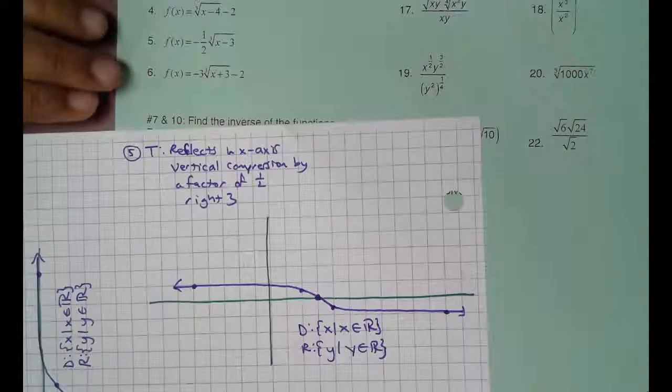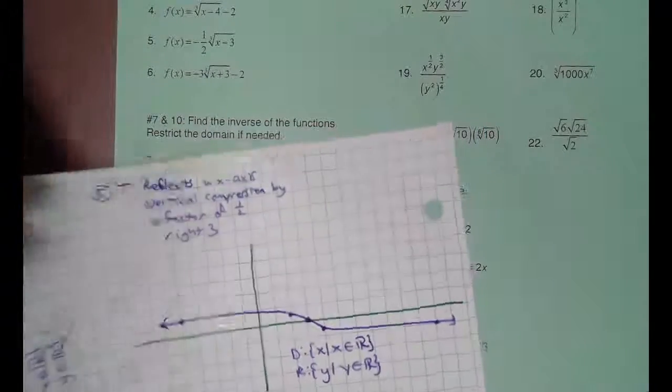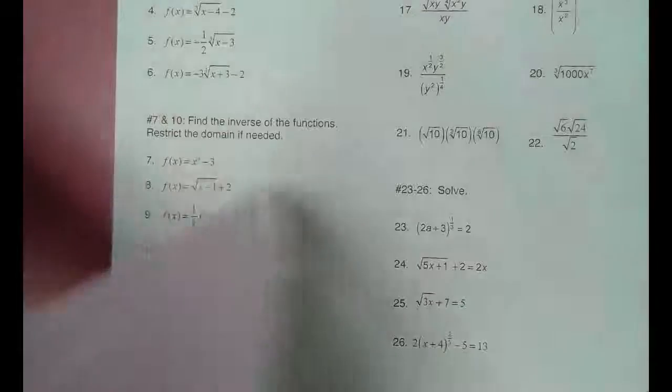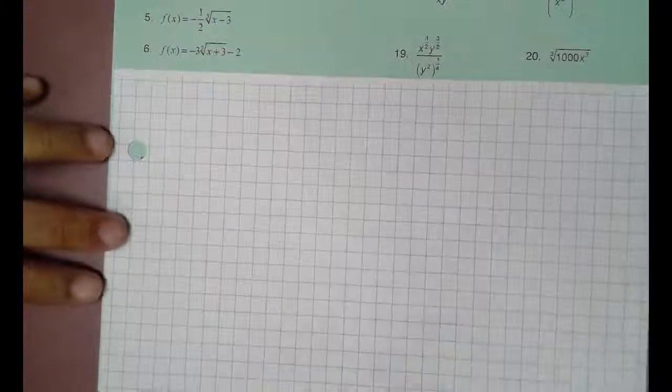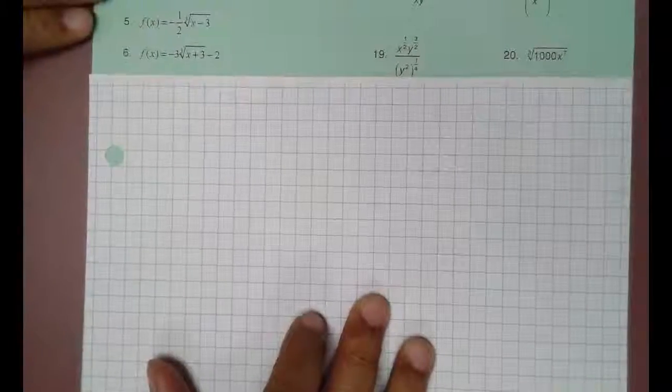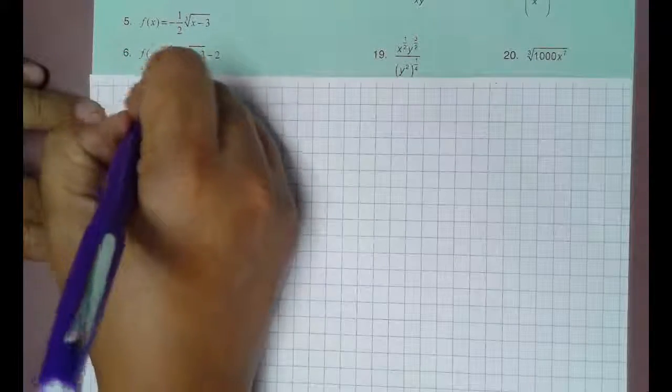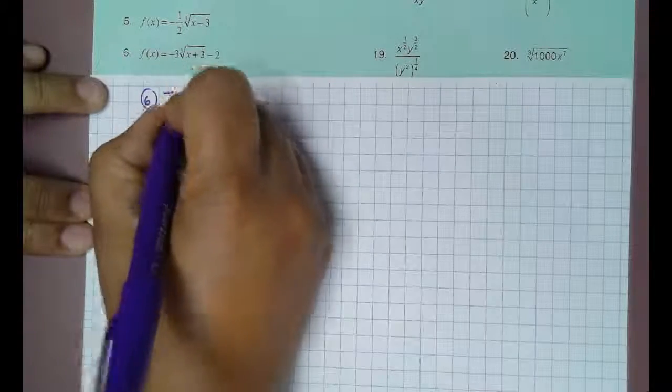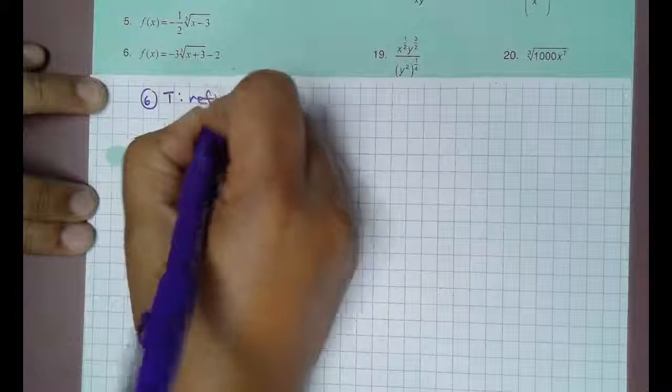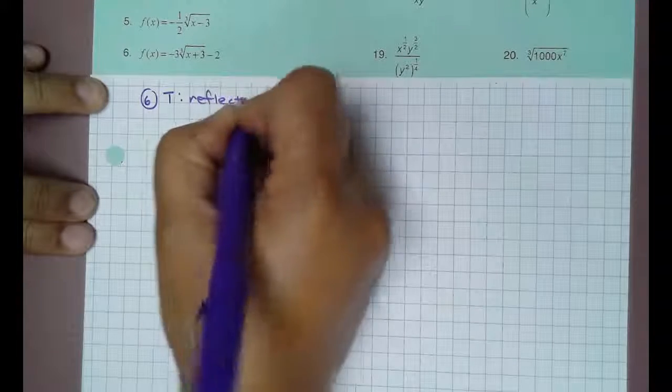Okay, and then the last one of these is another cubic. So here we go, number 6. We want to take the negative there and do a reflection in the x-axis.